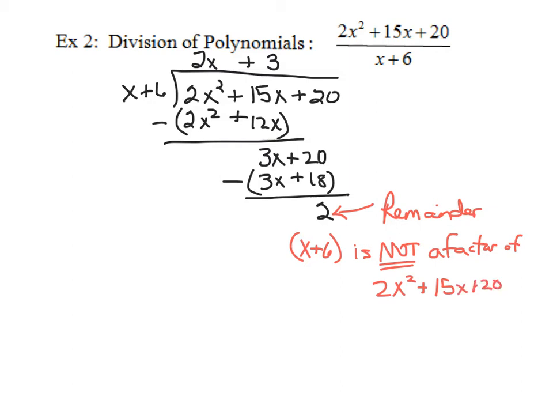Now I can also write down the quotient. So I can say, okay, when I divided this, I got 2x plus 3. But since I had a remainder, my remainder of 2 would then be written over x plus 6, which is that divisor. So this would be the answer for the quotient, or for the division problem.